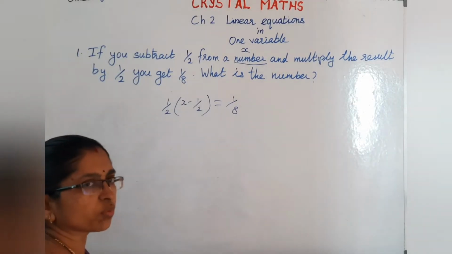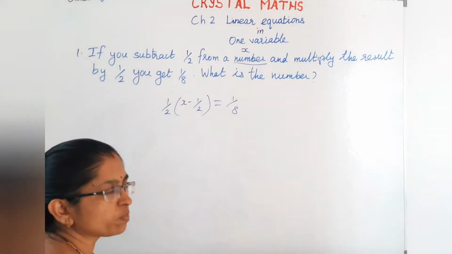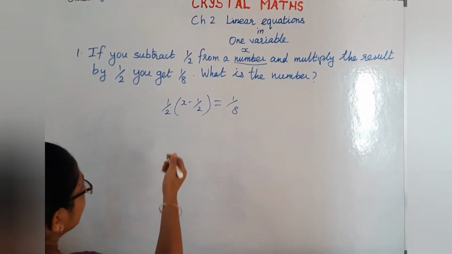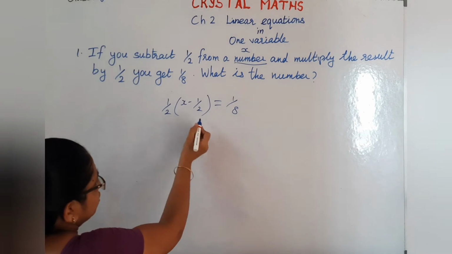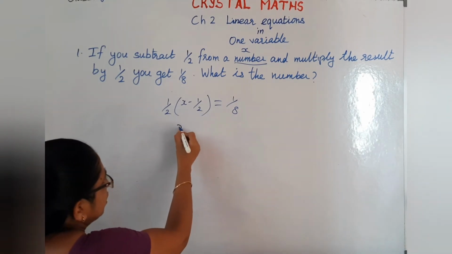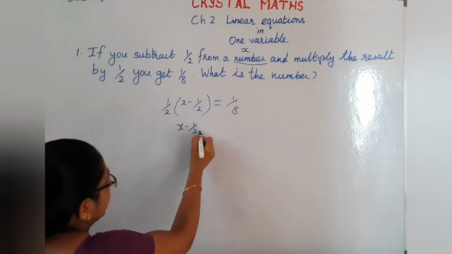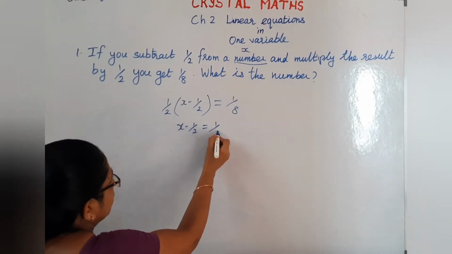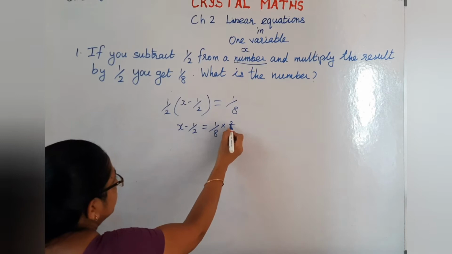Let us solve this problem using the transpose method. Here half is multiplying x minus half. I am going to take this half to the other side. So, x minus 1 by 2 equal to 1 by 8 into 2 by 1.